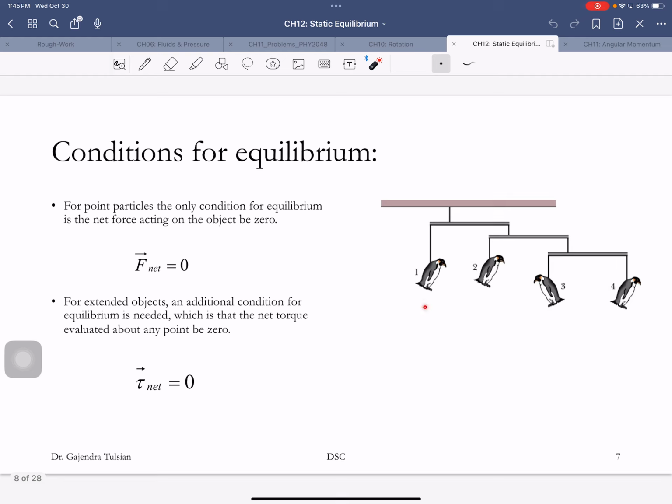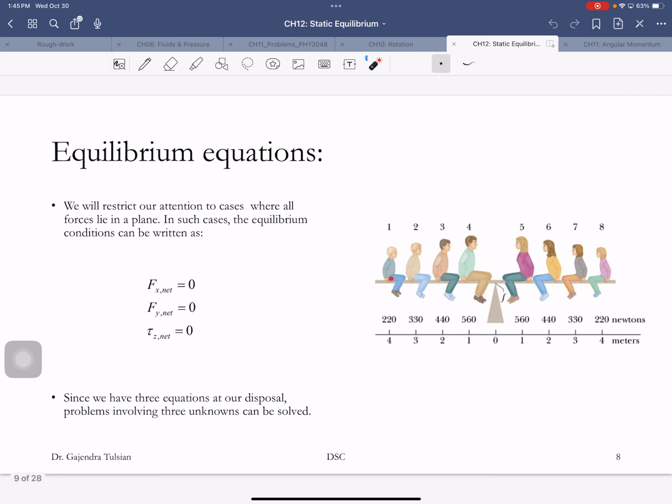By the way, do all these penguins weigh the same? No? All right, so just like in a seesaw, the further out you are, the lighter you need to be to balance.